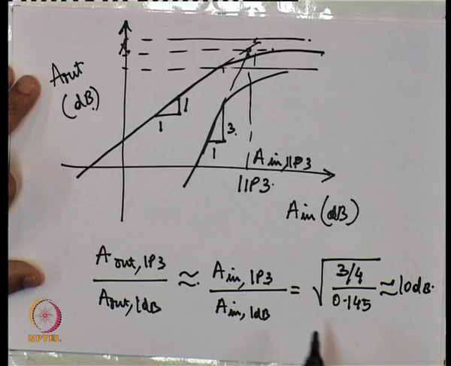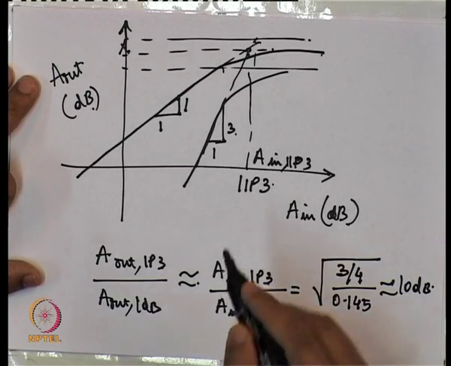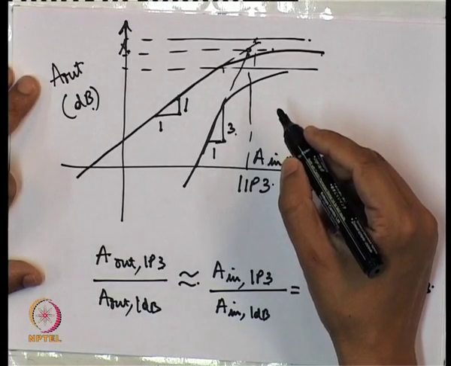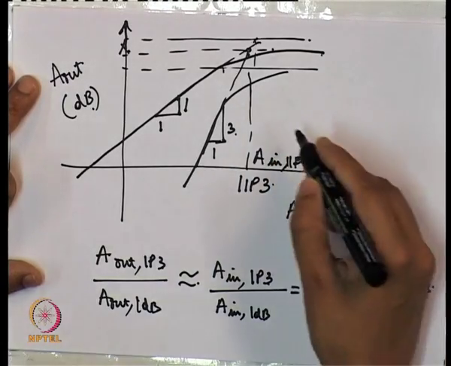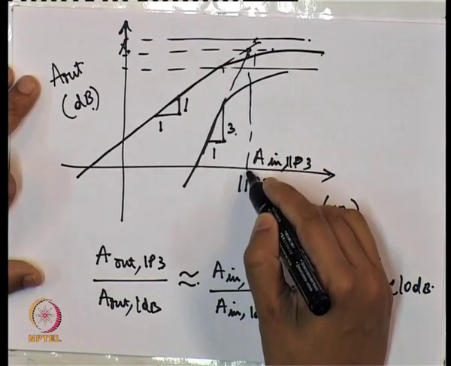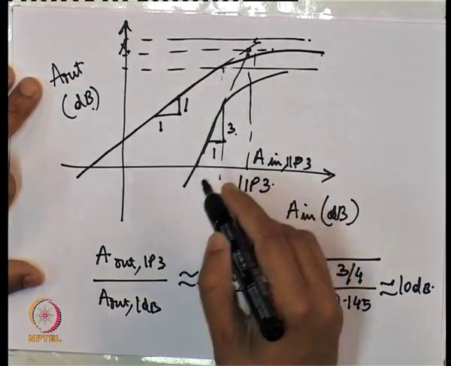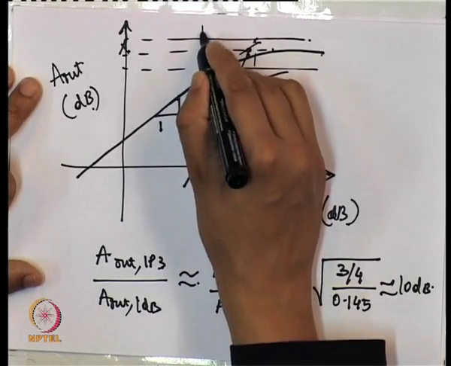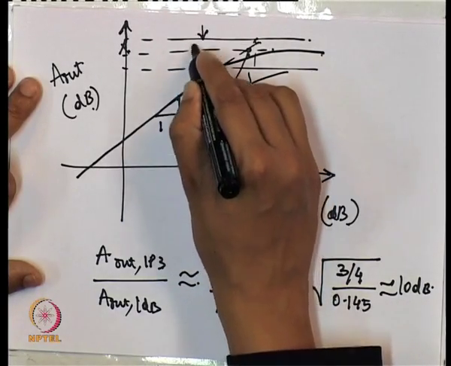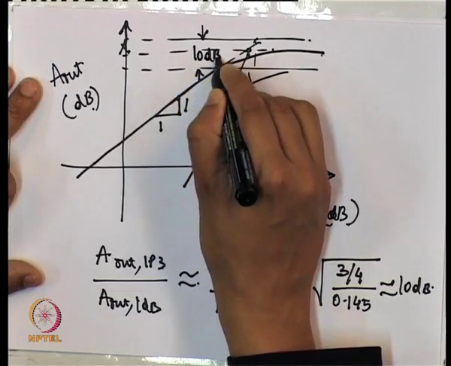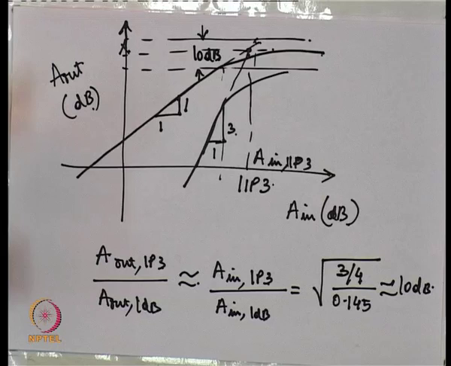So if this is my IP3 point and this is my 1 dB compression point, then there will be a 10 dB difference between the two on the output axis.